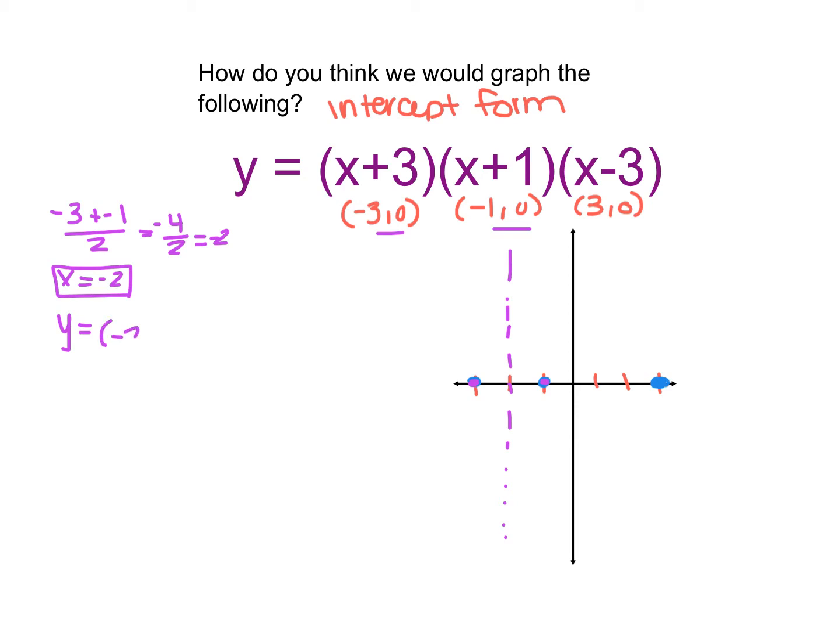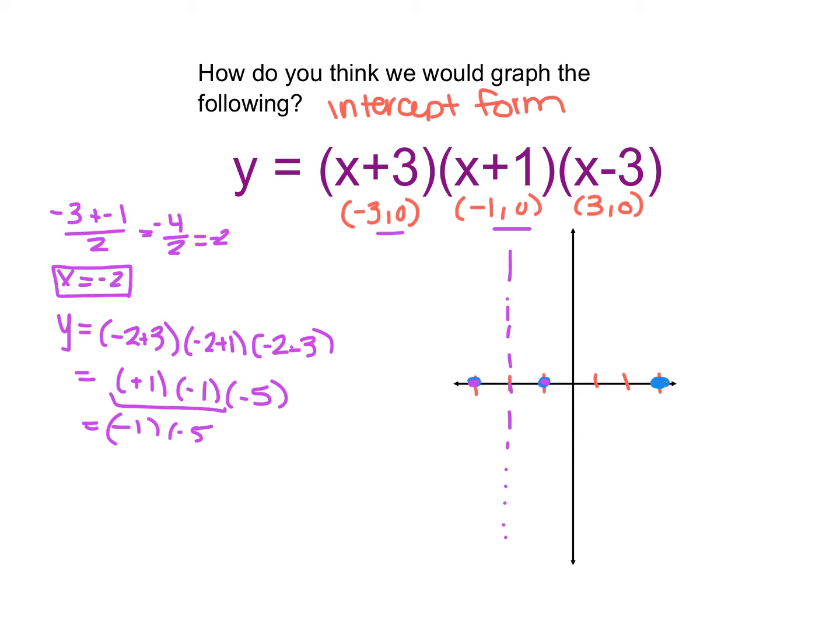So we're going to take -2 plus 3, -2 plus 1, and -2 minus 3, which becomes +1, -1, and that becomes -5. So if we multiply +1 and -1, well, that becomes -1. Then we're going to multiply that by -5, and we get 5. So what we find here, and I'm just going to estimate where this point's approximately going to go, is that when x is -2, y is 5.